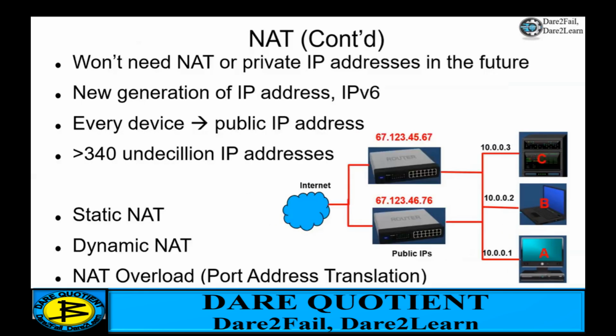Given the limited supply of IPv4, NAT was introduced, and then as a permanent solution, the IPv6 addressing scheme was developed to tackle the shortage of IPv4 addresses.